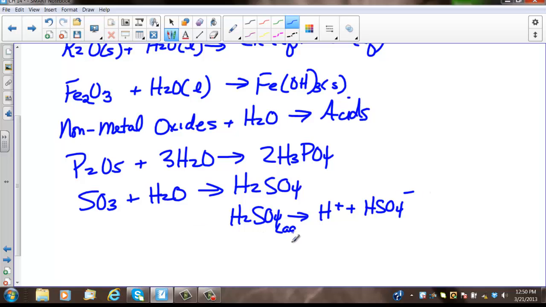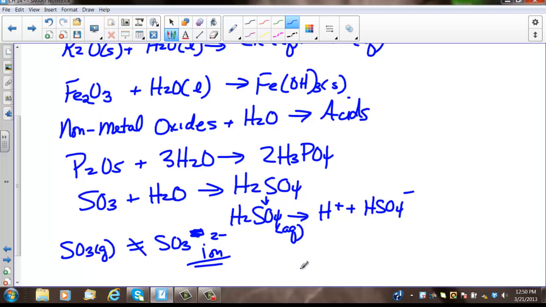This is in an aqueous solution, so it automatically reacts with the water, so this subsequent reaction takes place. And I just want to point out that SO3 gas is not the same as the SO3 2- ion. Some students interchange them. Okay, so that finishes our acid unit.